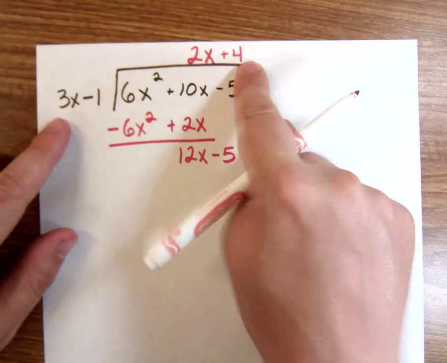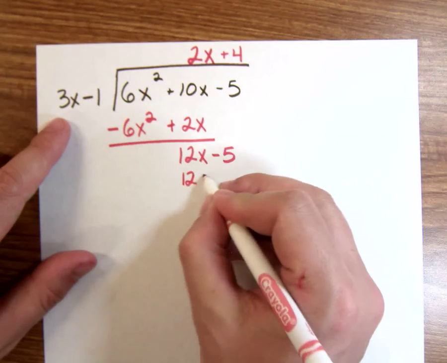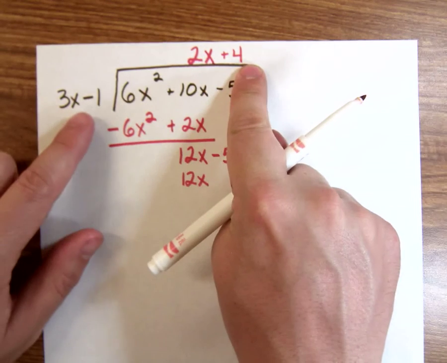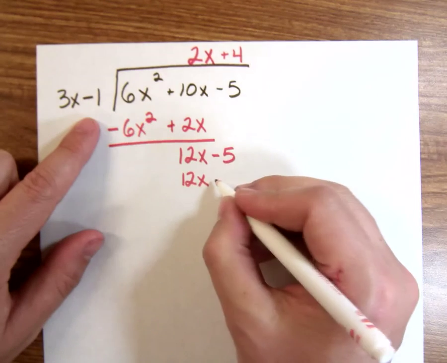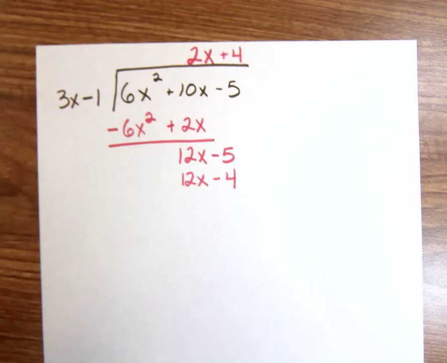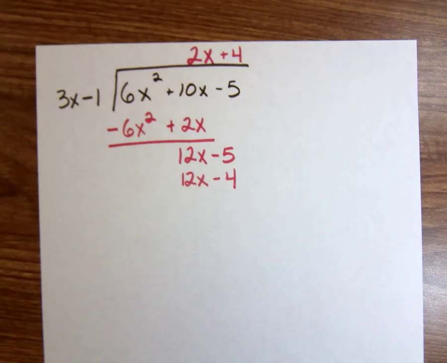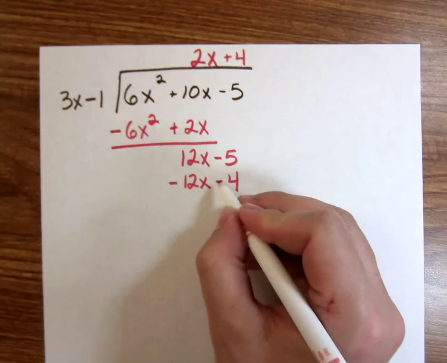So 4 times 3x is the 12x. And 4 times negative 1 is negative 4. So you're kind of going backwards, because you're using your answer up top to actually do the lines. Correct. Then we subtract. Minus, minus.